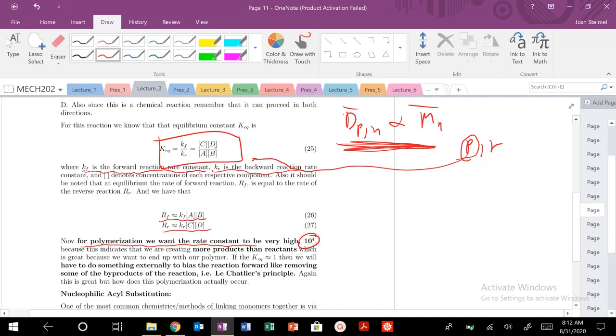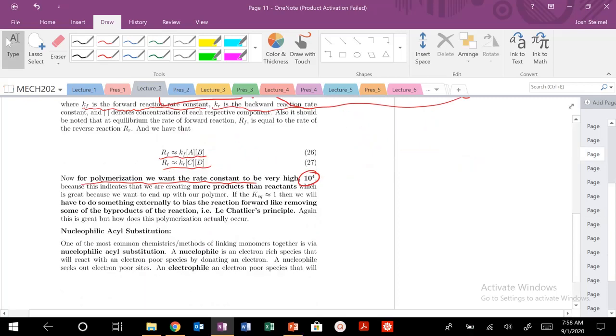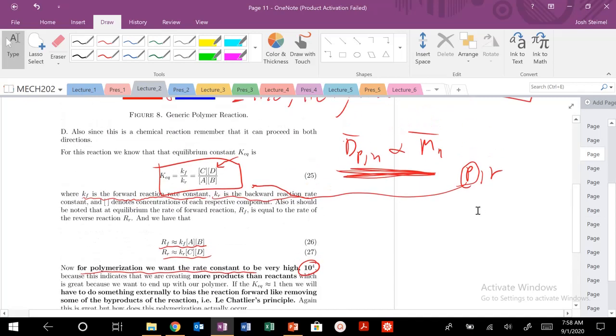Well, if I look at my expression here, if the concentration of my products is really large compared to the concentration of my reactants, my reaction is proceeding forward. So if my K equilibrium is large, hopefully around 10 to the 4th, that means there are more products being formed than reactants. Our reaction is moving forward rapidly.